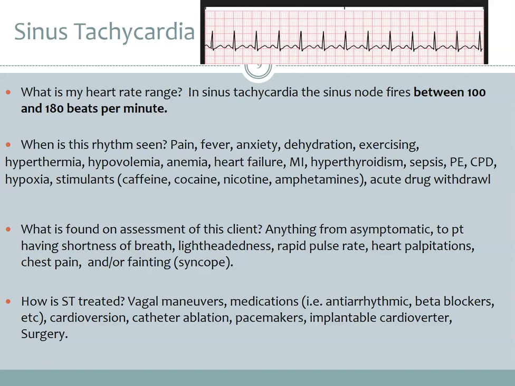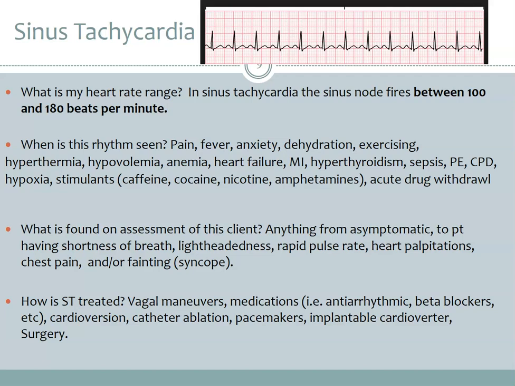Or it could be an indicator that the patient's in pain, having an anxiety attack, or dehydrating. They could have a bacterial or viral infection that they don't even know about, and they're spiking a fever. They could be hypovolemic or hyperthermic. They could be anemic.